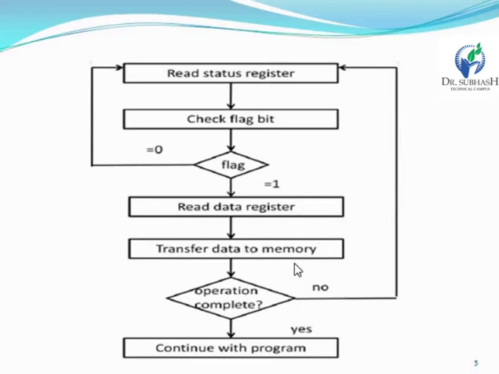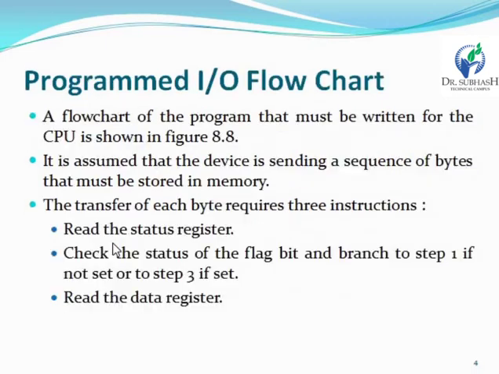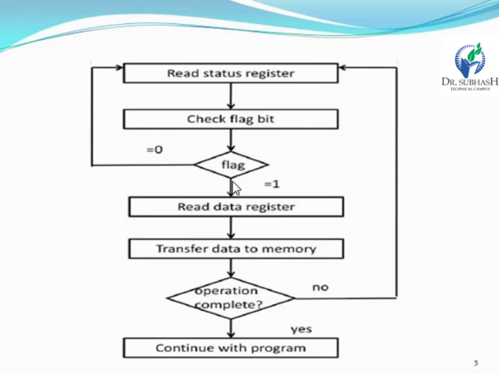Transfer the data to the memory. It means the IO device transfers the data to the CPU when the flag bit is 1. Otherwise, if it is 0, no operation is performed. Then after the operation is completed, if no, the process starts again from the beginning. If yes, then the program continues.